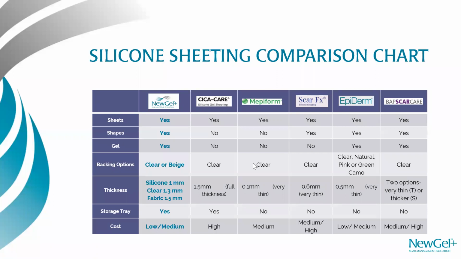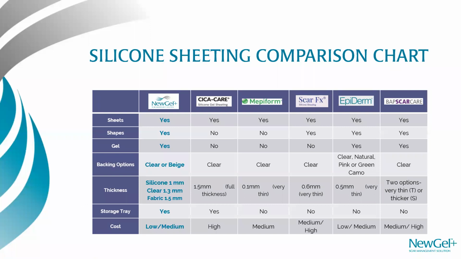Oops, I stretched out my columns earlier and some things didn't follow along. So, this talks about the thickness. And one thing about NewGel, Mike pointed this out to me today, is that we say that NewGel is 1 millimeter thick as far as the silicone goes. The product with the clear backing is 1.3 millimeters thick, and the fabric backed items are 1.5 millimeters thick.